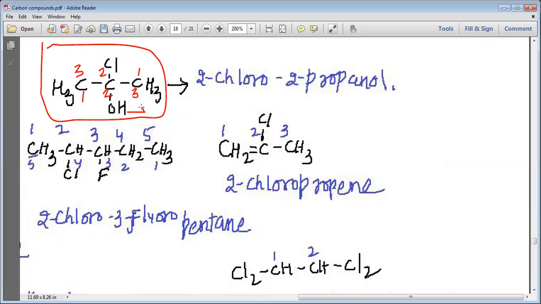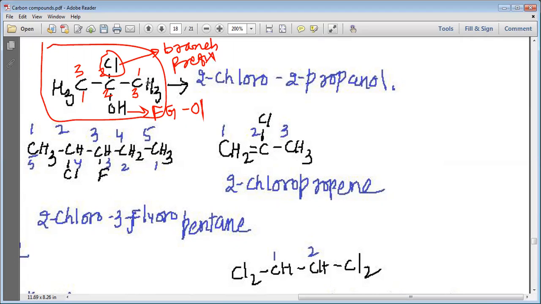This OH is your functional group, and that is why the suffix is going to be ol. This chloro is going to be a branch, and it is used as a prefix.